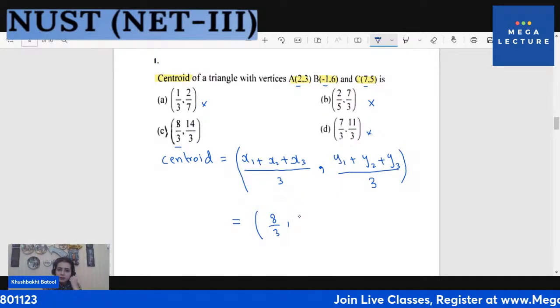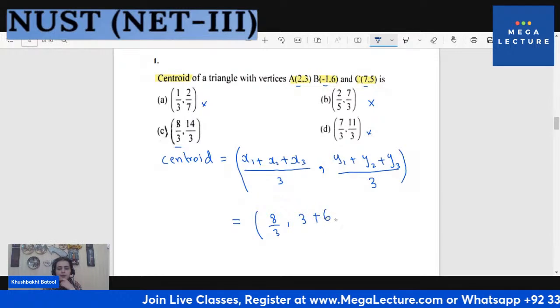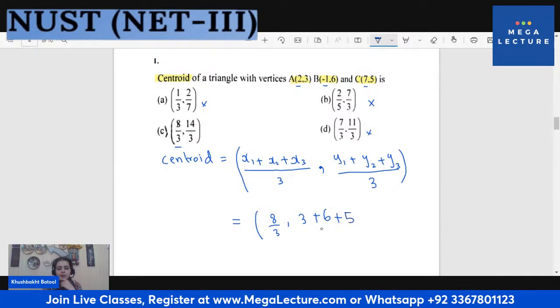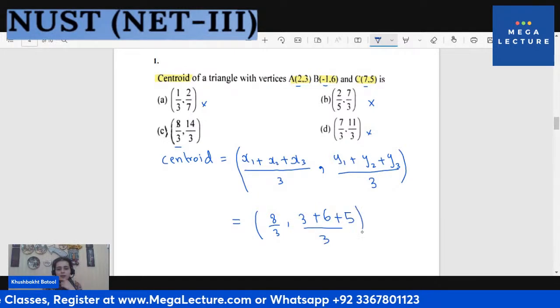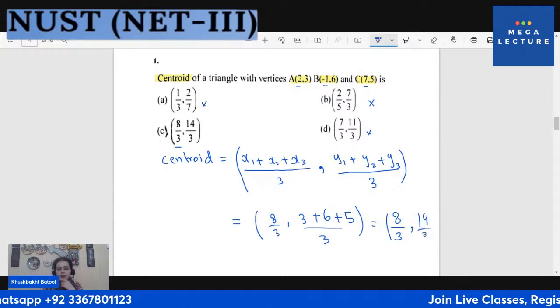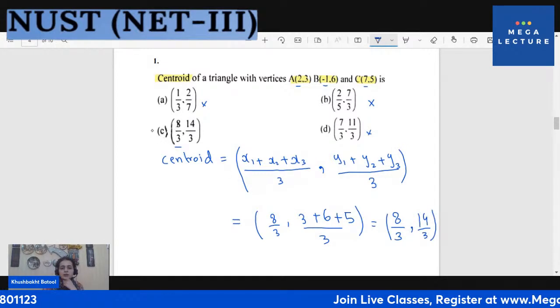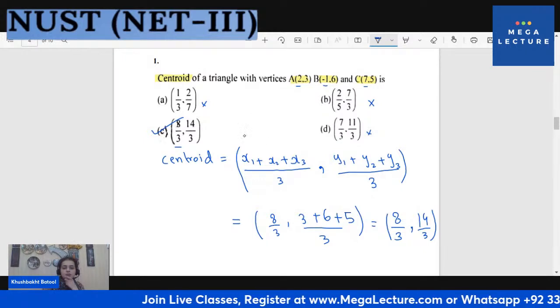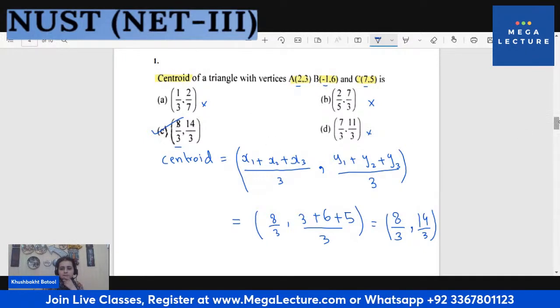So it is 3 plus 6 plus 5 divided by 3, and it is going to be 8 by 3 and 14 by 3. So the answer is going to be C in this case. Alright, so this was the first question. Let's talk about the next one.